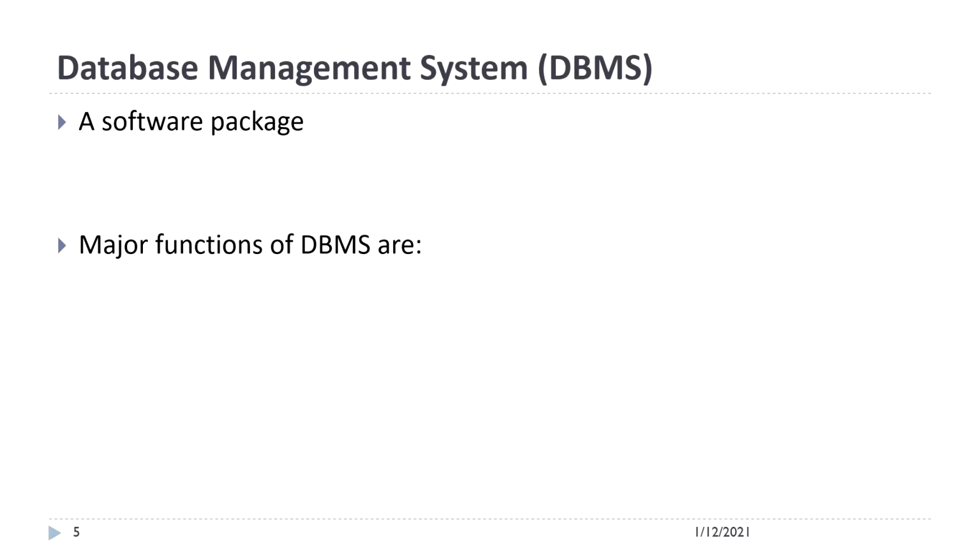All right. Now, if we talked about what a database is, then let us talk about what a database management system is, popularly known as a DBMS. In the simplest sense, what is it?